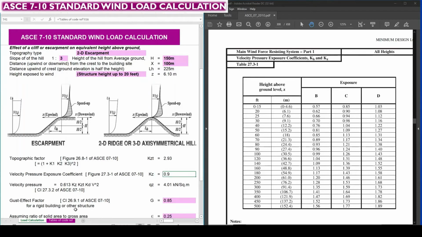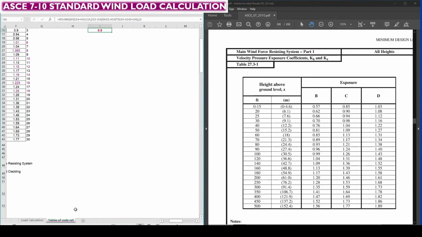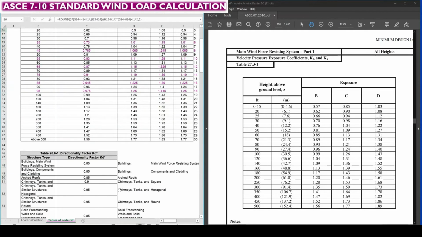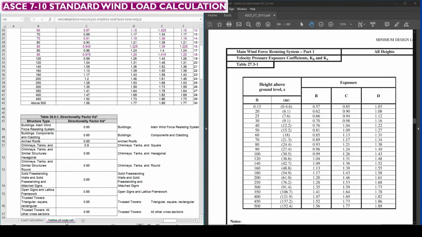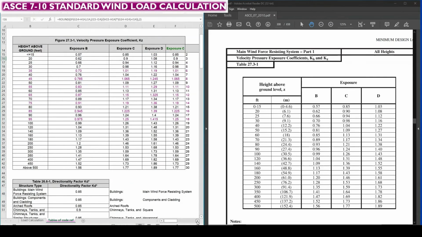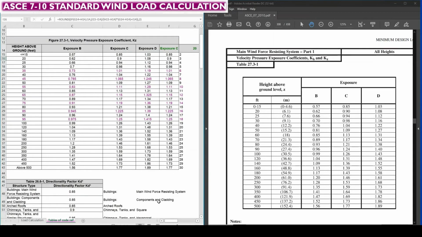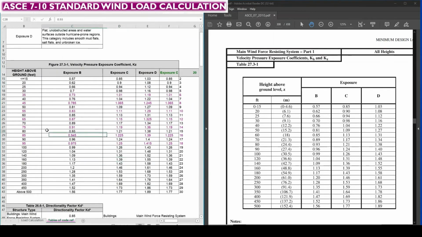So this value is also calculated in this right side table of the code sheet. So how it is calculated you can see here. Based upon this table, the factors are extracted from table 26.3.1.